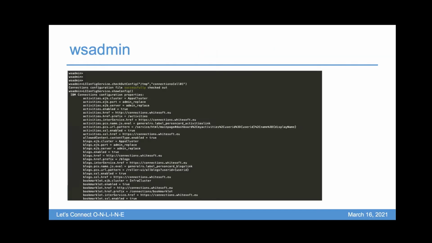Just to illustrate it for non-technical users, we have a tool called wsadmin, which allows, through some configuration services, working with the Connections core config service, or with each application, and altering some parameters which are more or less technical. So nothing very interesting here for users.